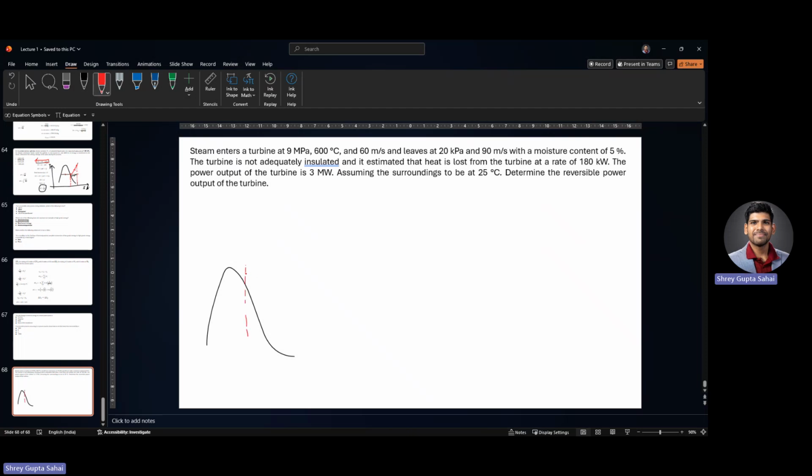This would have been the reversible process, but something of this sort is going to happen. Okay. So we know initial state, final state. We also know the isentropic process. But we don't know the final pressure. I think we know the final pressure. We know the initial pressure. We also know the moisture content. So initial and final states are all known.